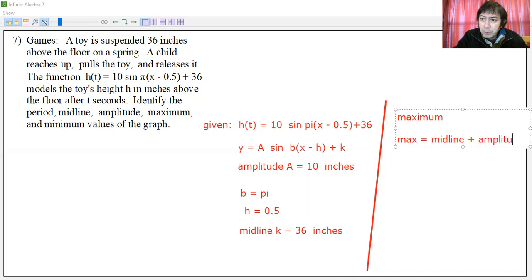Max is equal to our midline value, which is 36. We're going to add the amplitude of 10. And this gives us a maximum value of 46, also in inches.